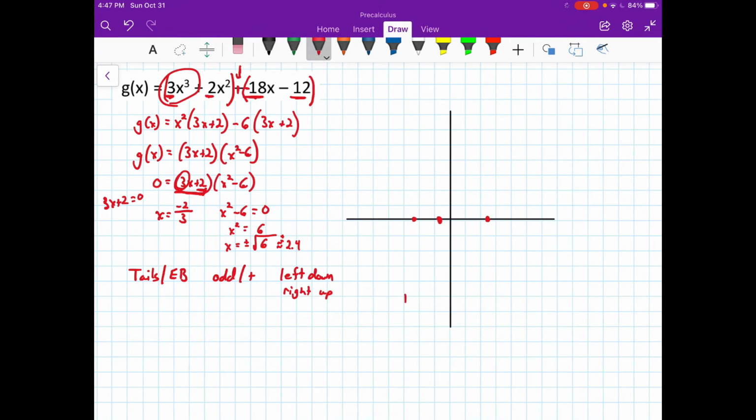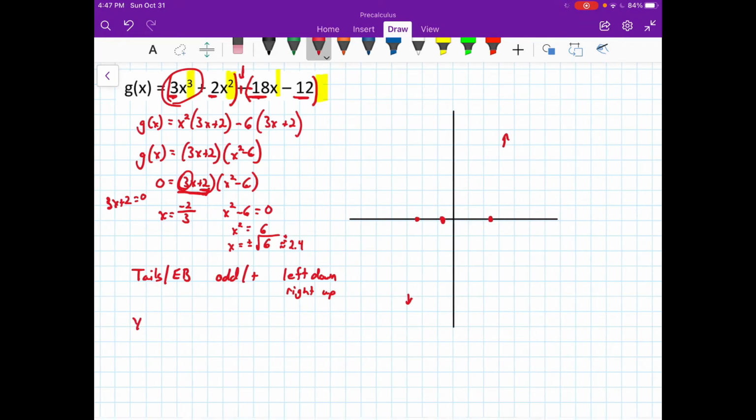So left down and right up, we'll go ahead and put that in there. There's no symmetry. For symmetry, we look at the degree of each term. If they were all odd or all even, we could talk about a special symmetry they have, but they are not all odd or all even. So no special symmetry there.